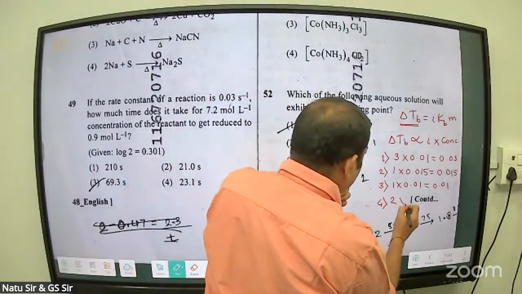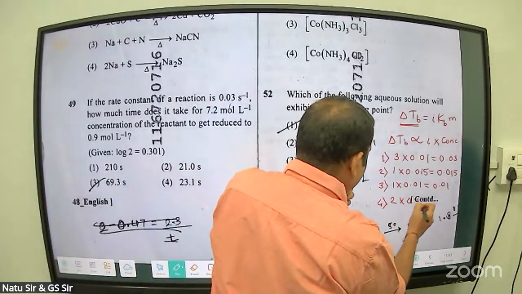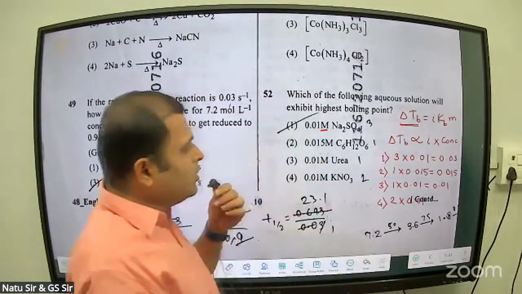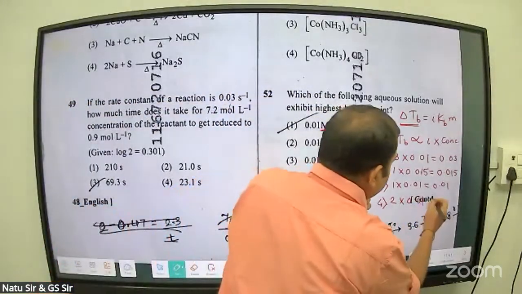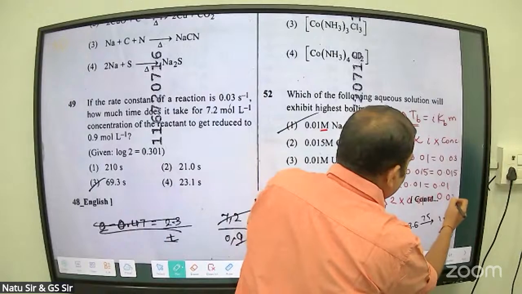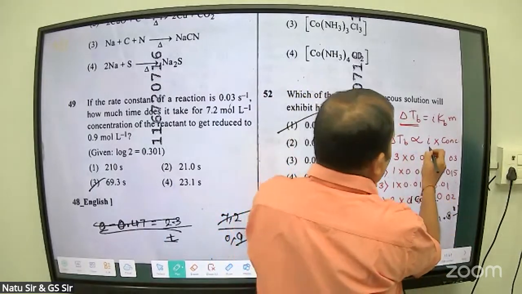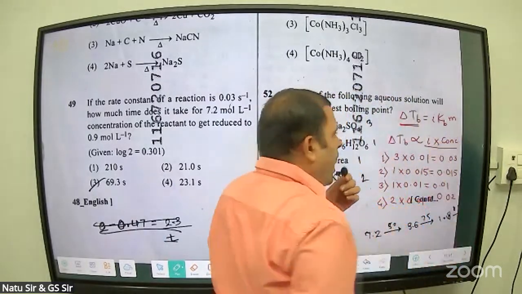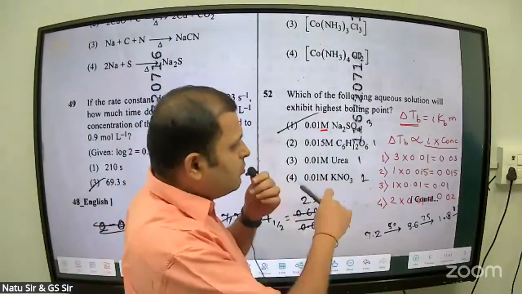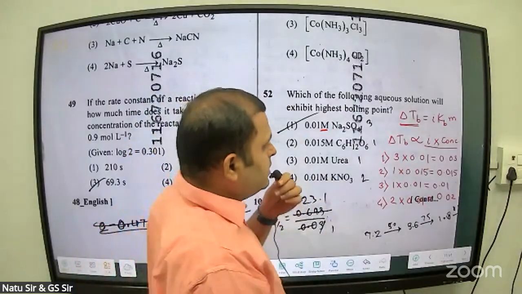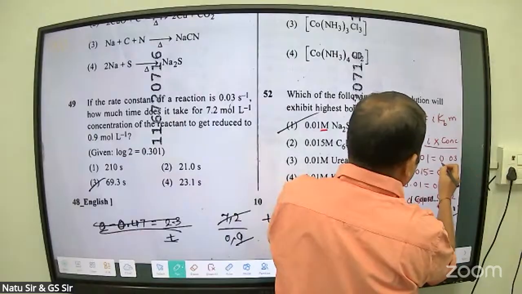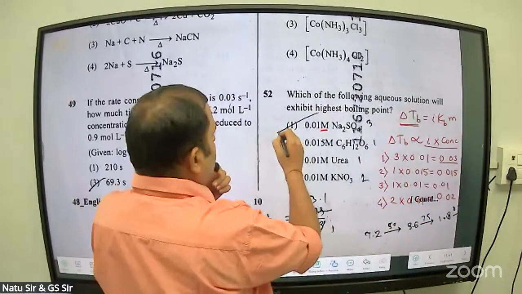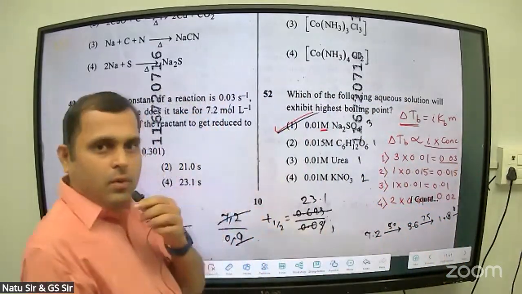So i will be 2. So 2 into 0.01, overall this will become 0.02. So already we have confirmed that as this i into concentration increases, boiling point increases. So which one is higher? i into concentration, that is 0.03. So we pick option number 1.